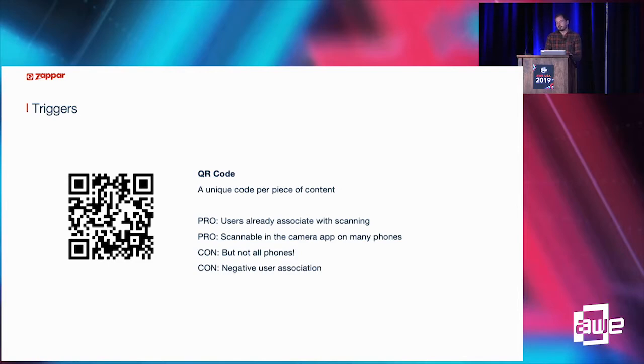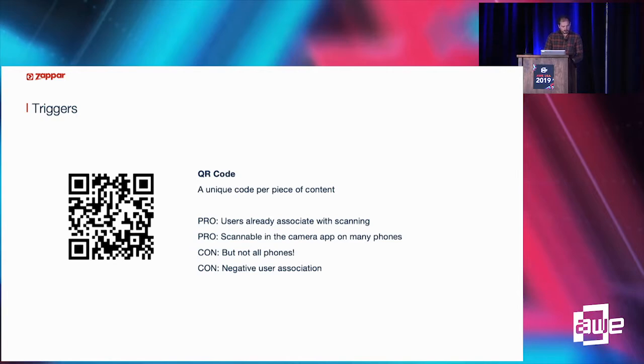So people kind of associate it maybe with going to a mobile optimized website, or sometimes a non-mobile optimized website. So there's that. But that said, it's a great way of getting users into an experience. And in the near future, the Zappar app, both the native apps and the web version, will support scanning QR codes, and ZapWorks will gain functionality for generating them.